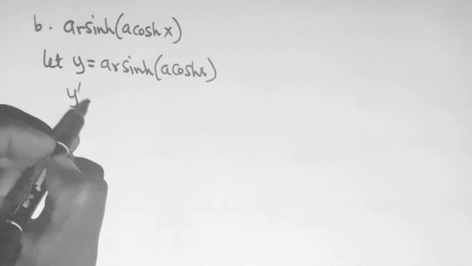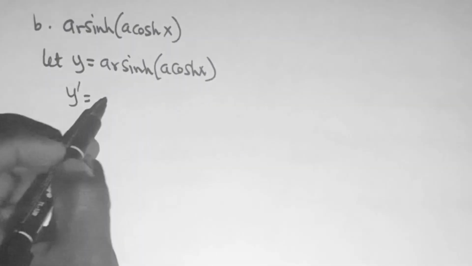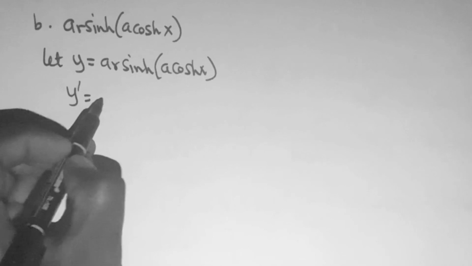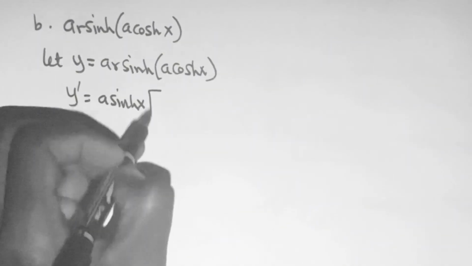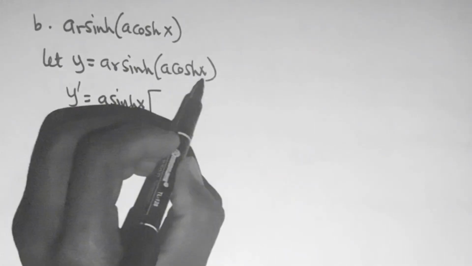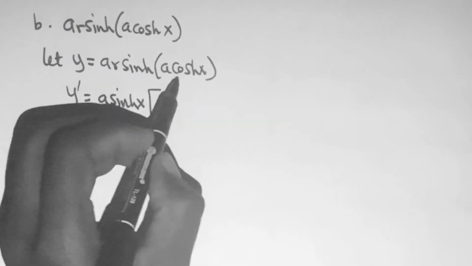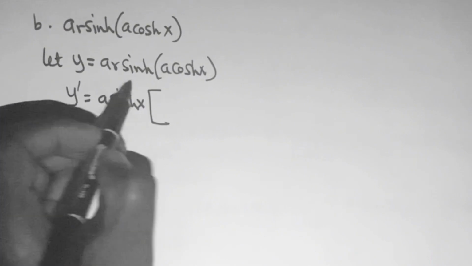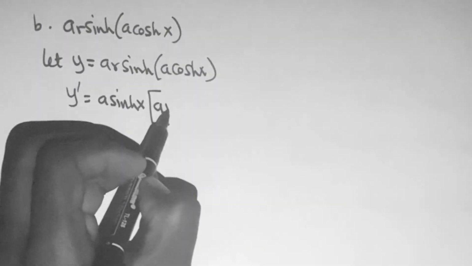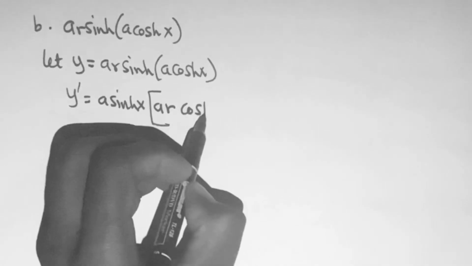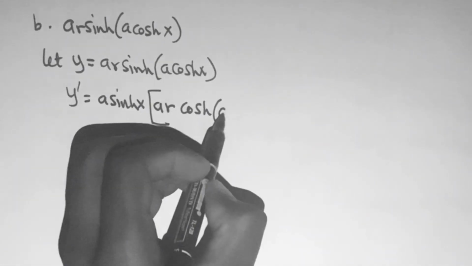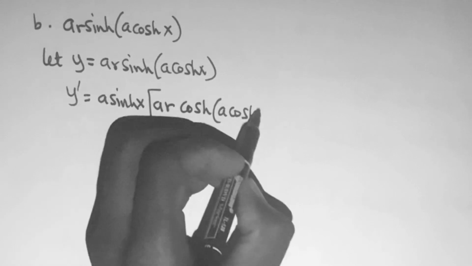So y prime is equal to differentiate a cos x: you are going to get a hyperbolic sine of x, and multiply by the differential of everything. If you differentiate, you get cos, so a times cos(a cos x).